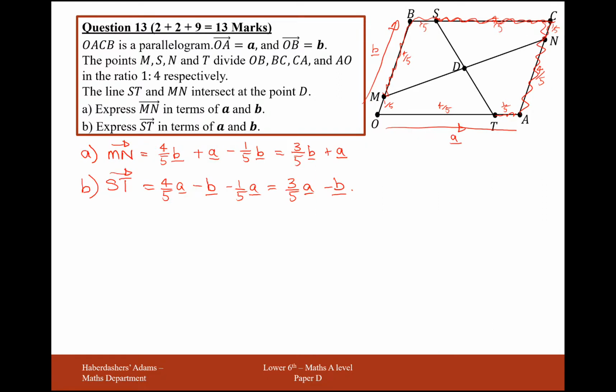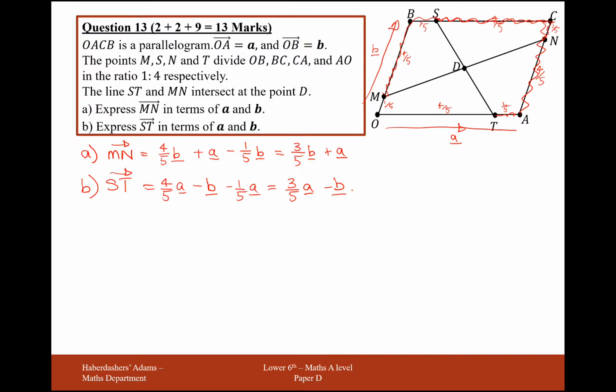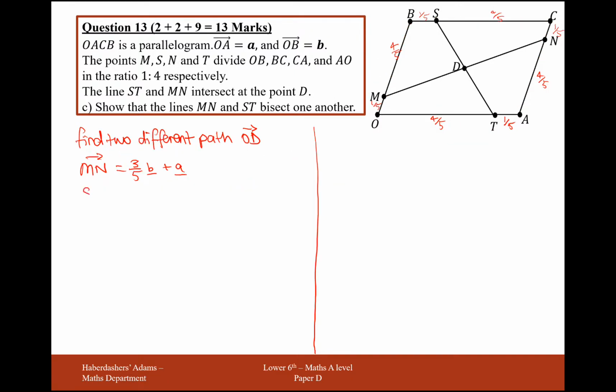So just recapping what I did over here, M to N is 3/5 b add a, and S to T was 3/5 a minus b. That will come in handy later on.